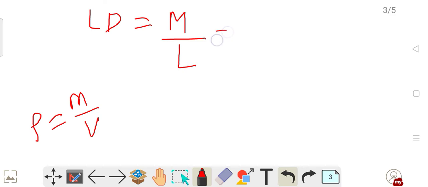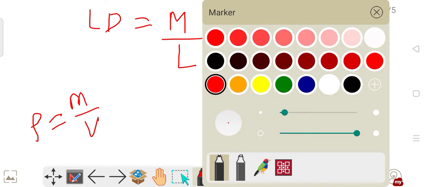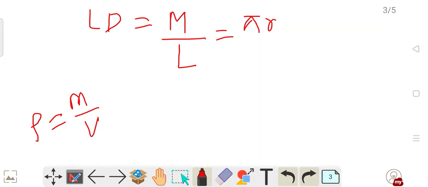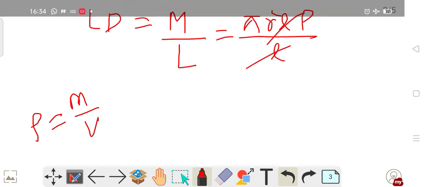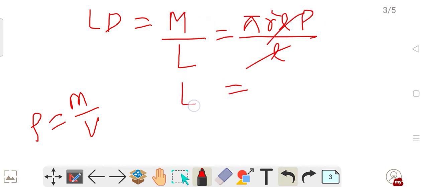So I can write it as volume, pi r square L, into density rho, upon L. So this L and L will cancel out, and linear density becomes pi r square rho, isn't it? Linear density is pi r square rho.